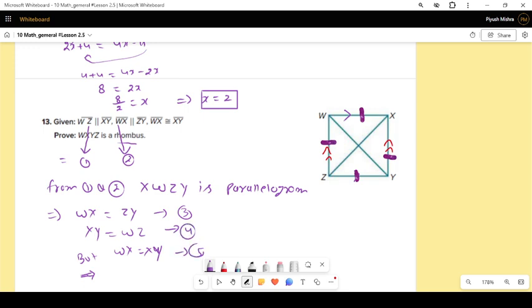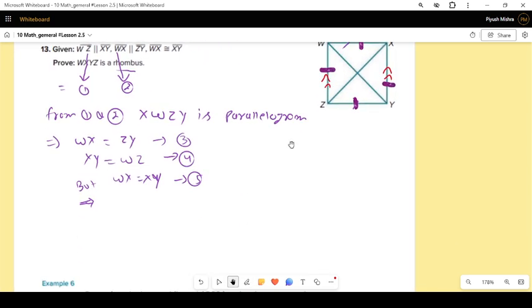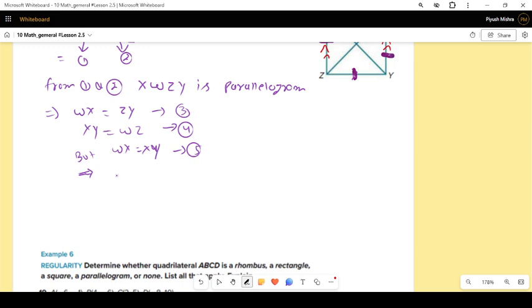From 3, 4, 5, you can tell directly that all the sides are equal, meaning WX is equal to XY is equal to ZY is equal to ZW, and this implies that WXYZ is a rhombus. Okay, I hope you all have understood this question.